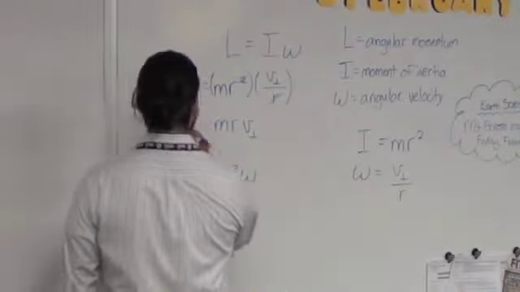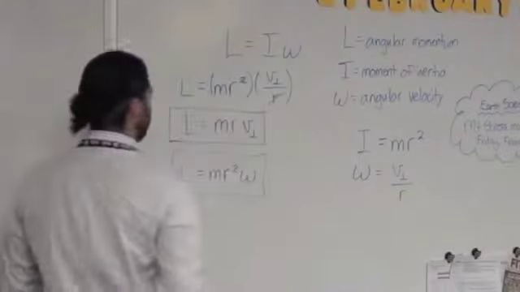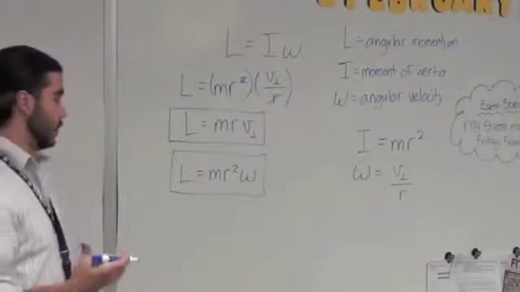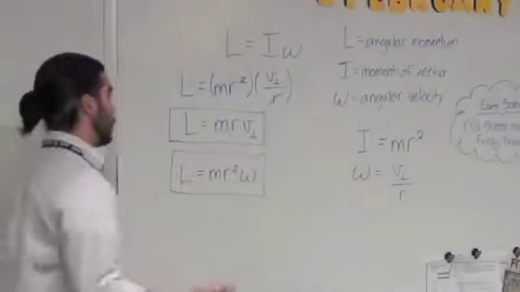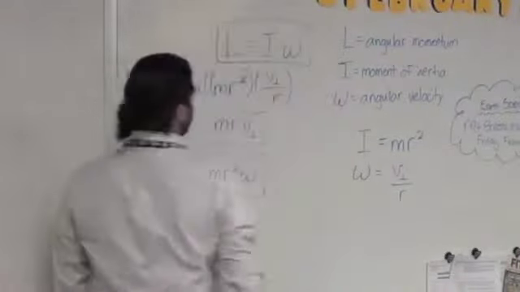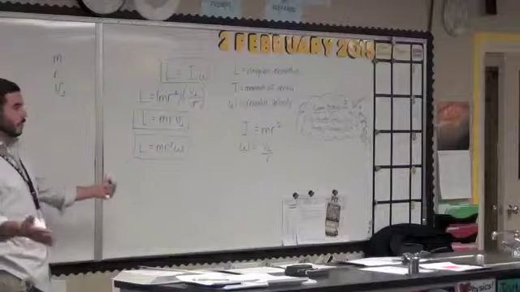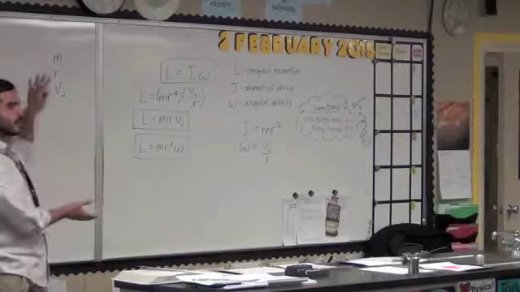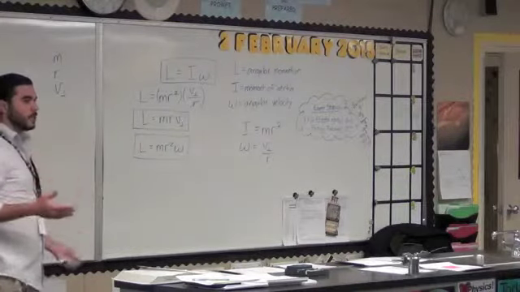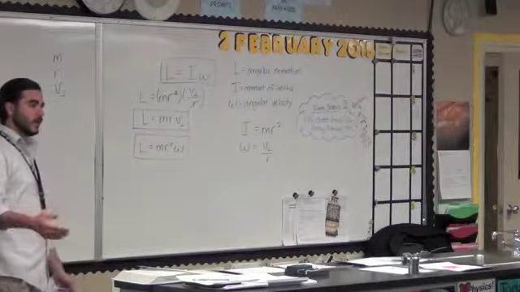These are useful conceptually and for doing the math problems. They're all totally equivalent. This is all you need to know to solve most any math problem given to you on angular momentum.